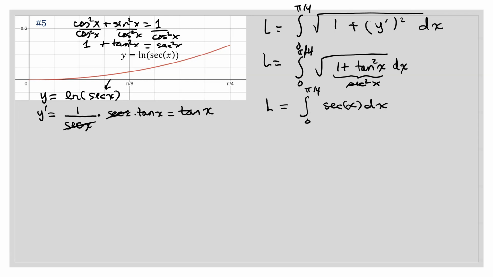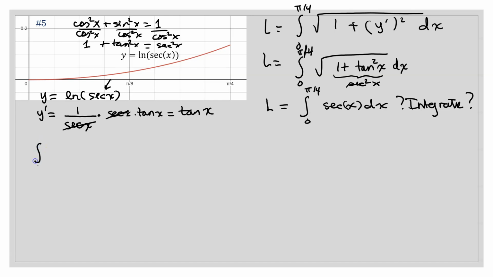How do we integrate that? Okay, I'm going to go ahead and give you a sneak peek of what is ahead. There's a really good trick here to integrate secant of x.